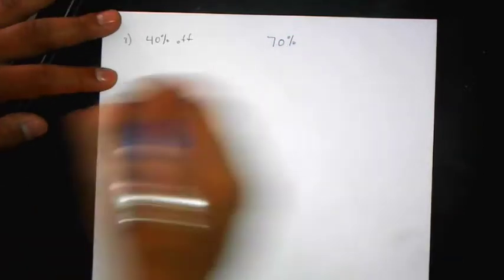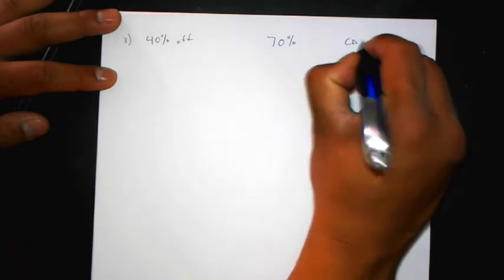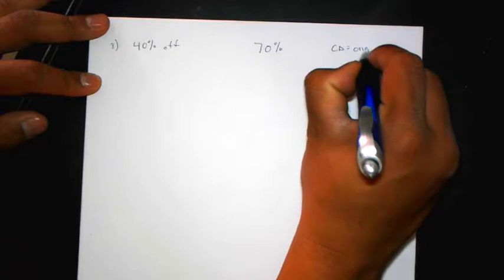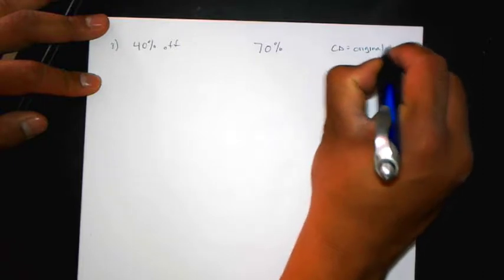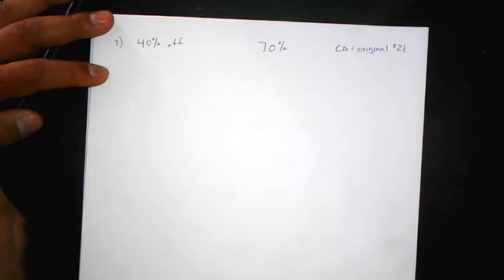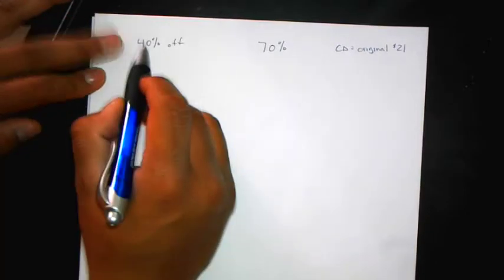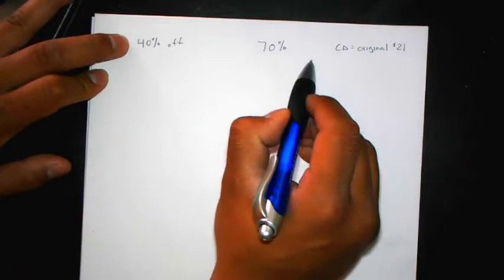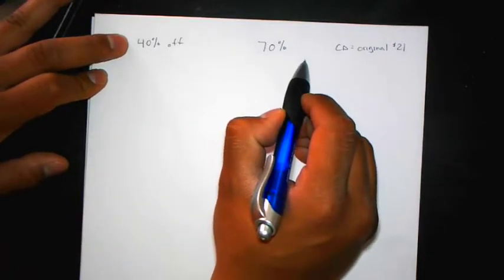Well, the CD originally cost $21. You have to figure out how much he paid at 40% and how much he would have paid at 70%.